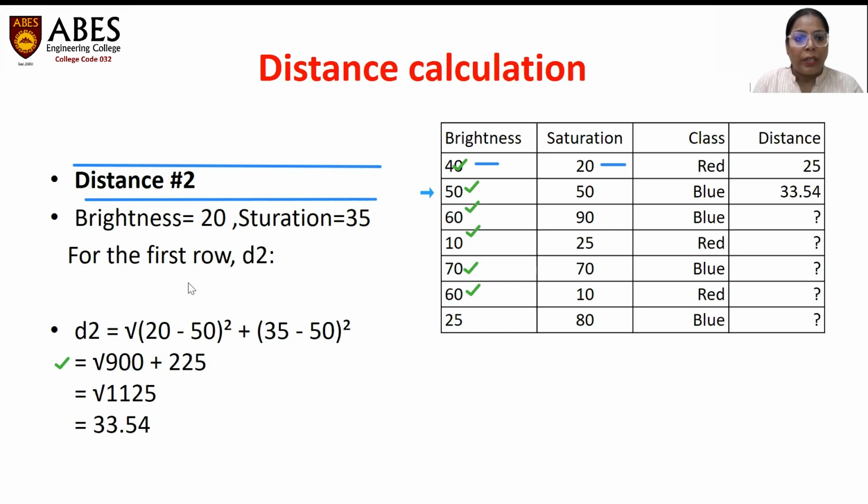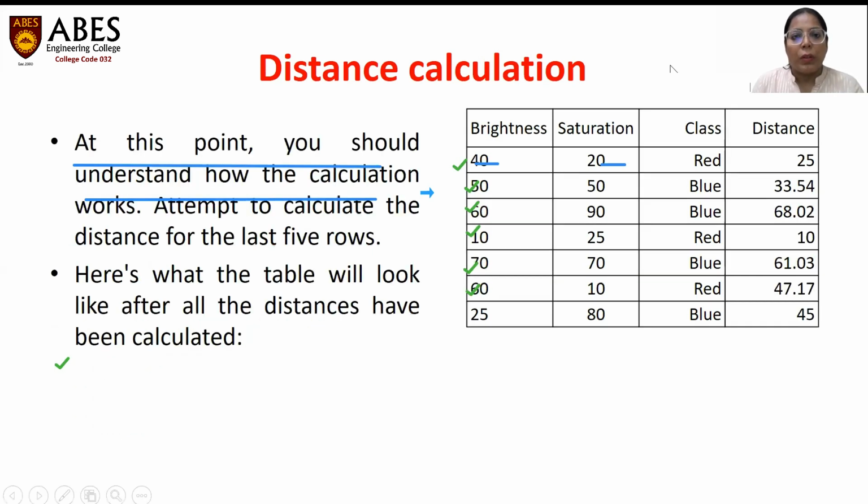So 20 minus 50 plus 35 minus 50, and we get the distance 33.54. Similarly, with the help of Euclidean distance, we will calculate the distance for each and every row. Now we have calculated the distance for each row.